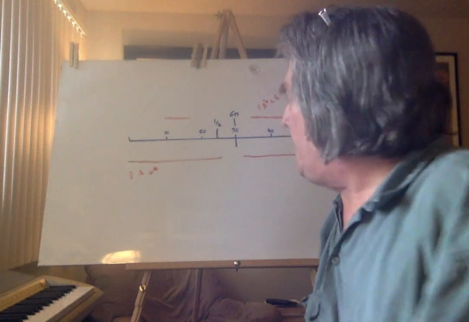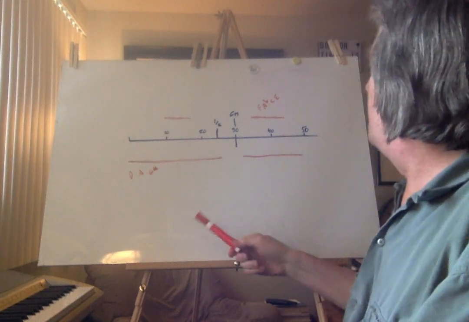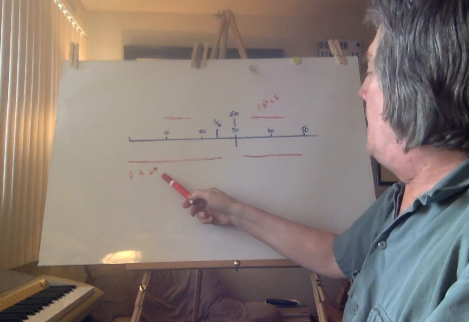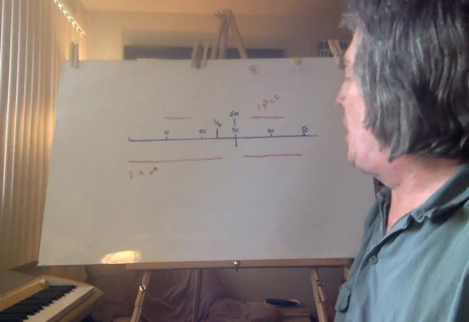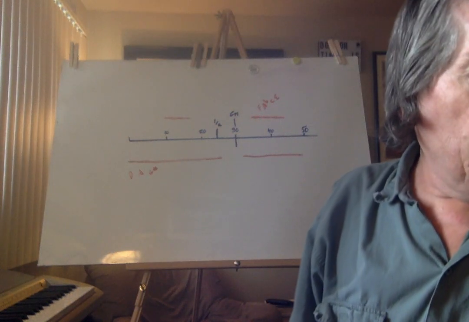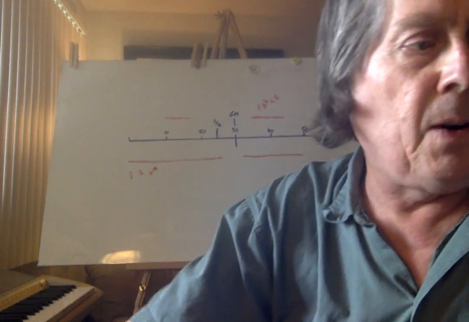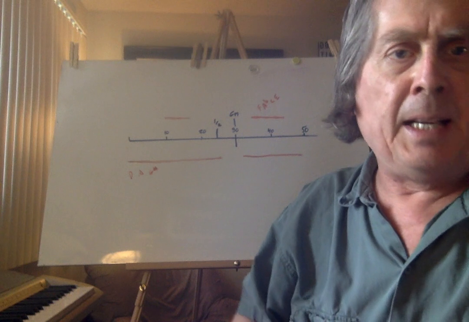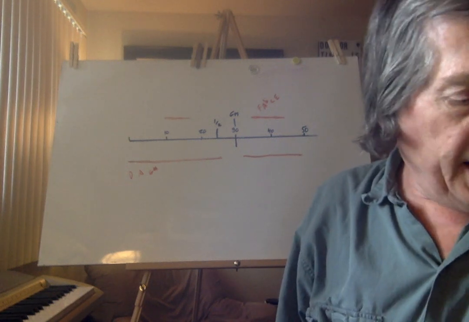And one of the things that's interesting that you'll notice is that both G sharp and A flat appear simultaneously in those two ostinati.